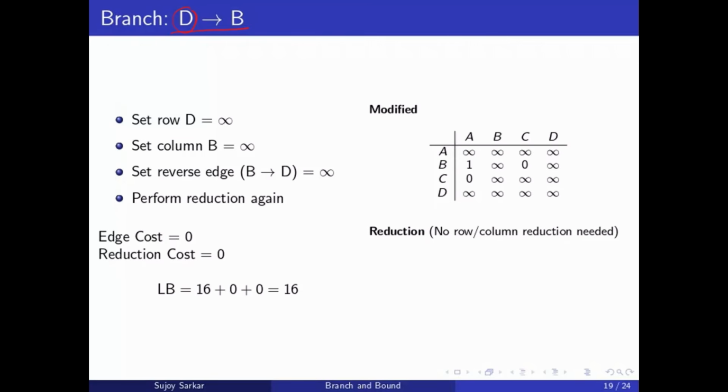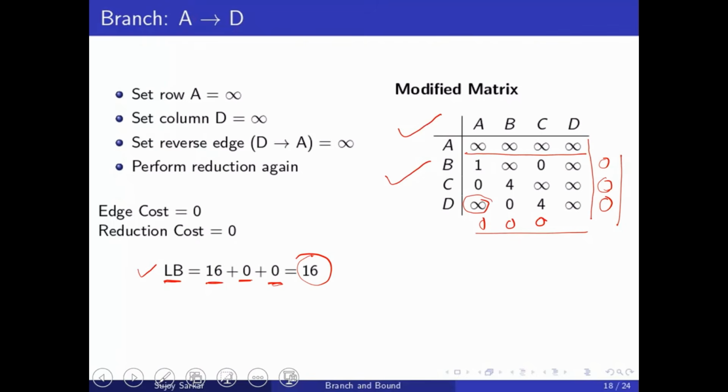Okay, next we will calculate for B. Right. So D to B, parent is D, and so we will take the parent matrix. This was the parent matrix D, the parent's reduced matrix.